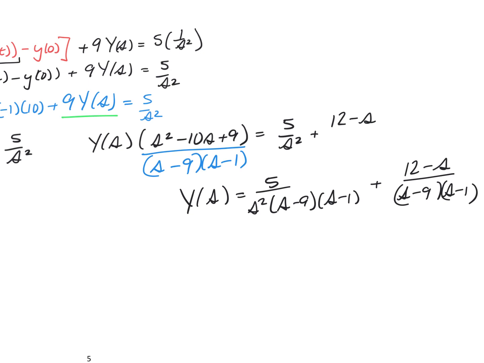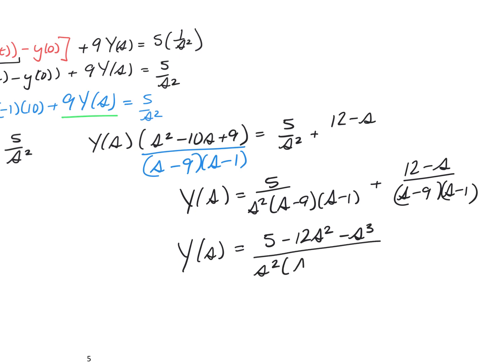I'm going to combine these two, so cap Y of s. When I combine these two, I get 5 plus 12s squared minus s cubed all over s squared, s minus 9, s minus 1.